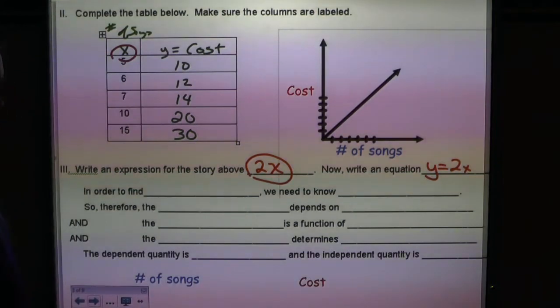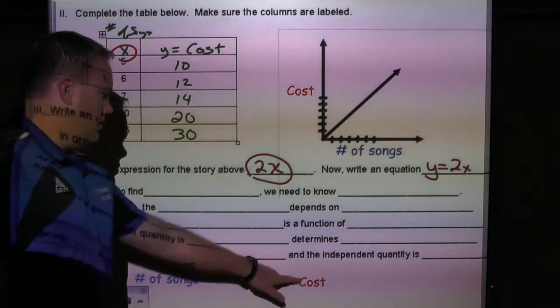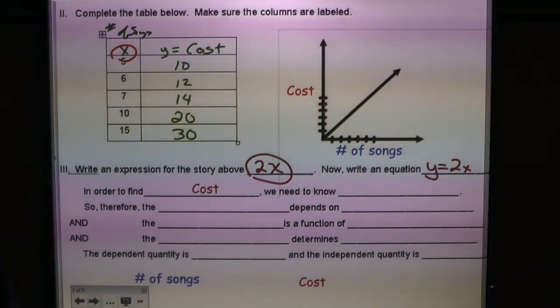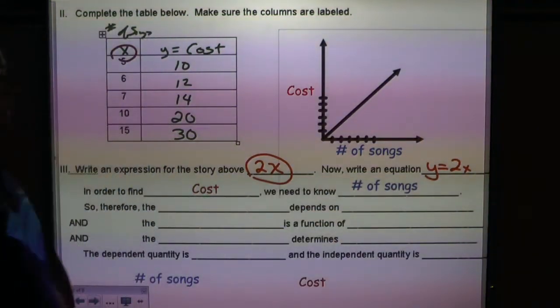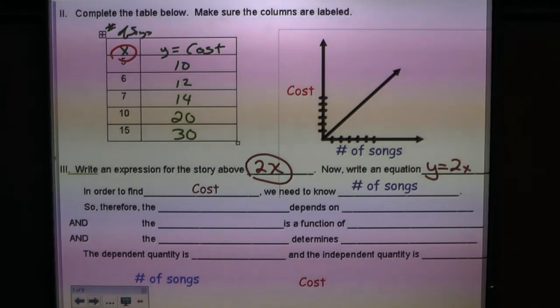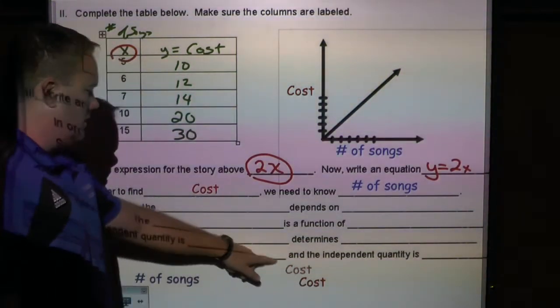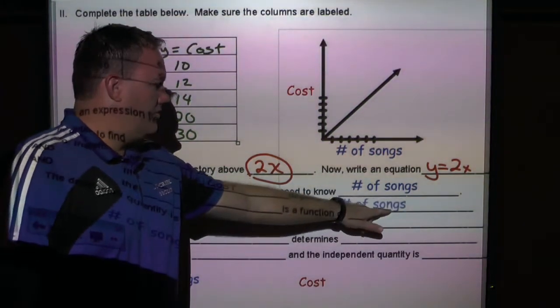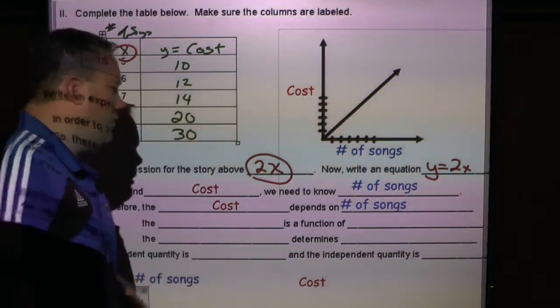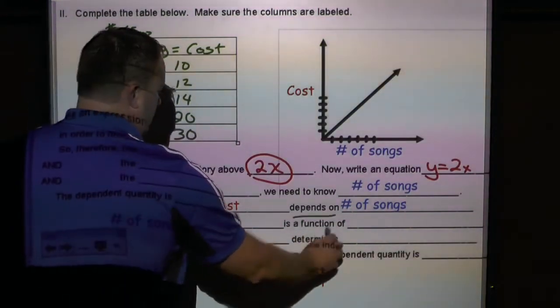So, in other words, in order to find the cost, you need to know the number of songs. Therefore, cost depends on the number of songs. I'm going to give you a hint here.